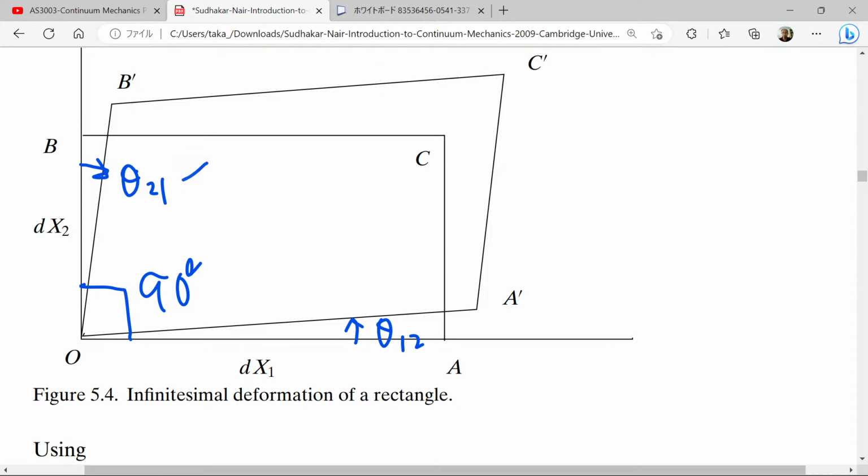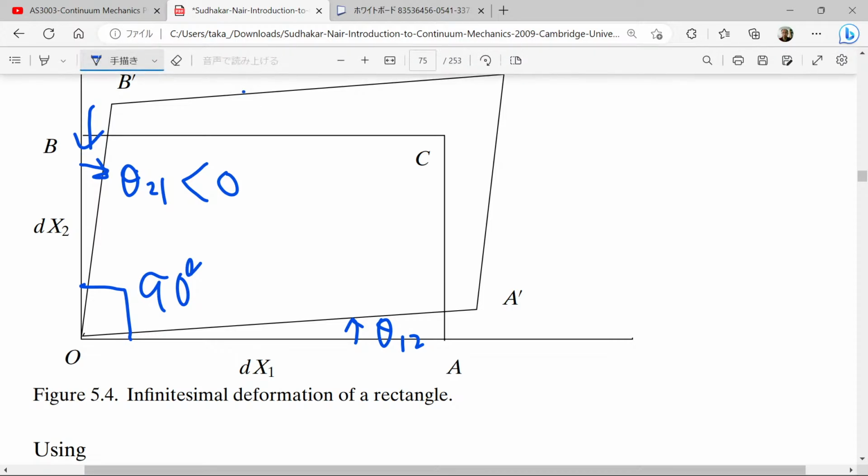And theta 2, 1 is actually a negative value, I think. Actually, negativity is here. Okay, so I can say this way.